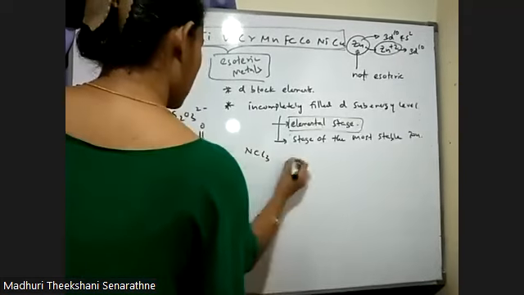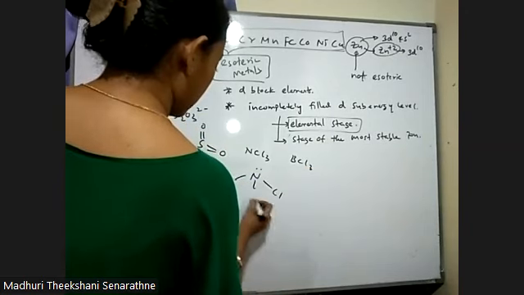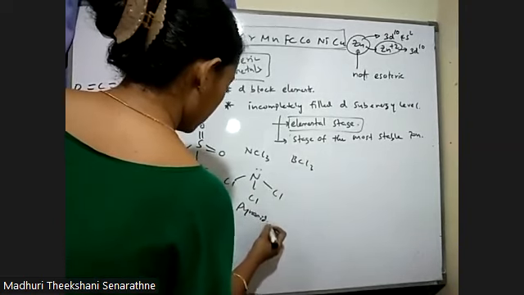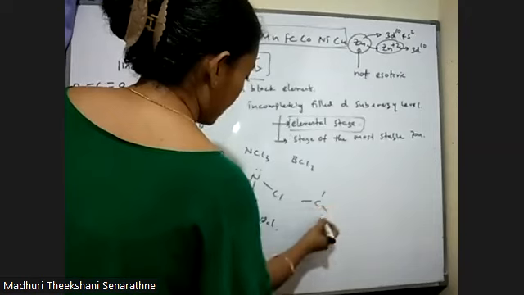NCl3 and BCl3: NCl3 has a pyramidal shape, but BCl3 has a trigonal planar shape.